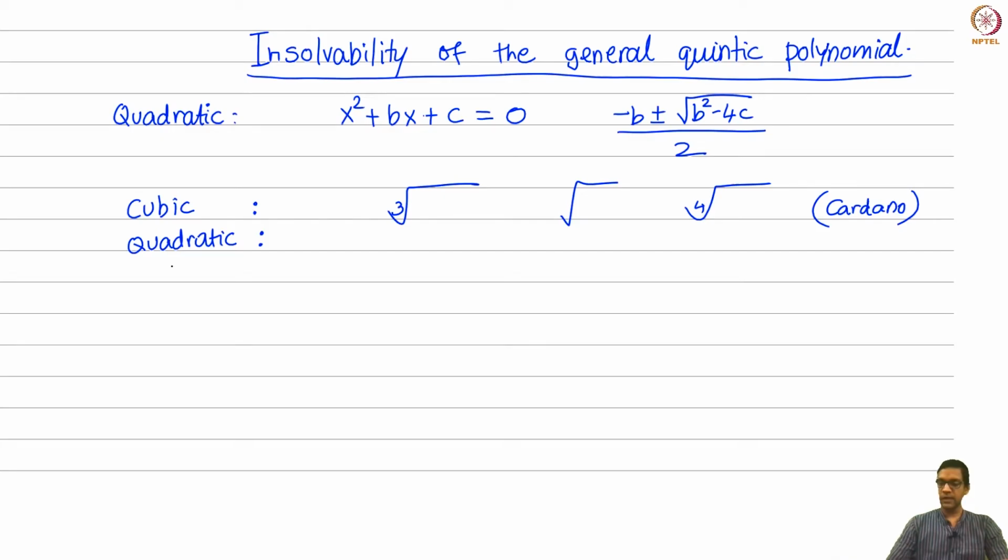It turns out that for degree 5 polynomials, some of them can be solved, but you can always find degree 5 polynomials whose roots cannot be expressed in such forms. You cannot find a formula for the roots. So over the course of the next few videos, we are going to see how this is proved.